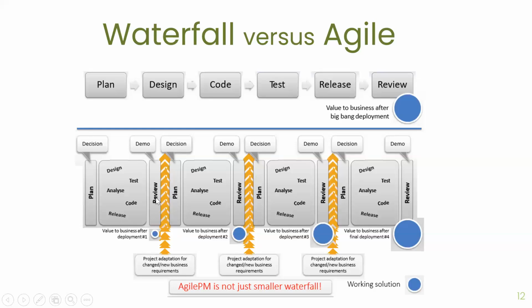So you have shorter iterations called sprints. Everything happens within this short period: the design is ready, you analyze, you code, you release, and then the customer gets value, right? And you continue to do that over continuous iterations. The value the customer gets starts to get bigger as you release each thing.